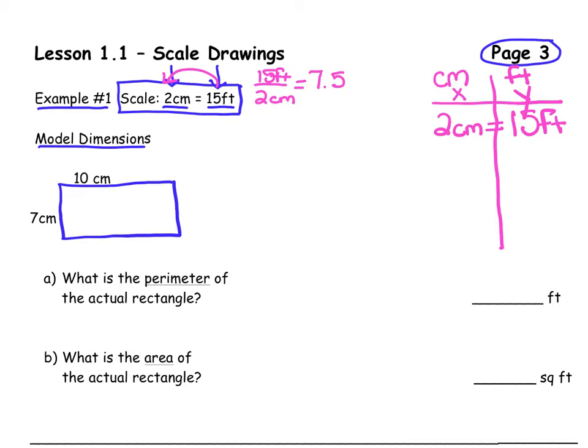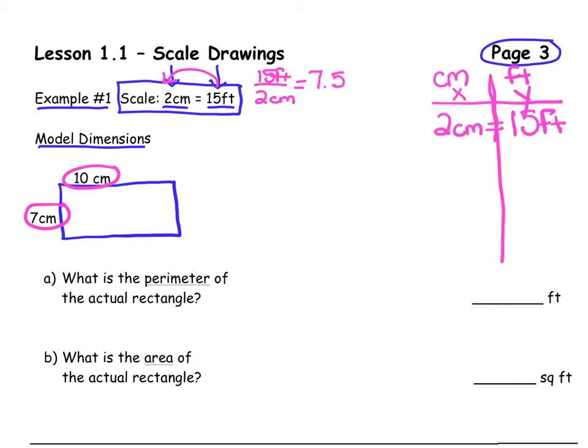We know as we move from left to right, we're going to multiply by the conversion rate 7.5. But if we go backwards from right to left, we will divide by 7.5. In this case, we are going to convert 10 centimeters and 7 centimeters on the table.